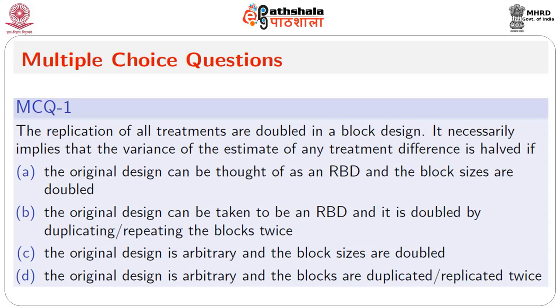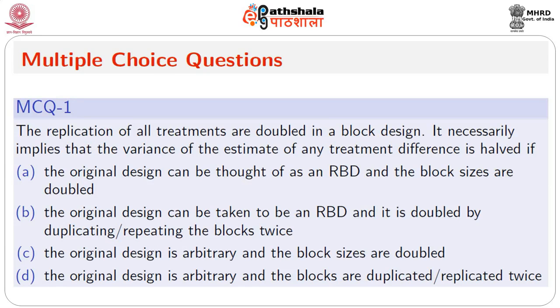What is the next one? What is the MCQ? So here comes the MCQ. Yes, the first one: the replication of all treatments is doubled in a block design. It necessarily implies that the variance of the estimate of any treatment difference is halved if certain conditions are given. Read out.